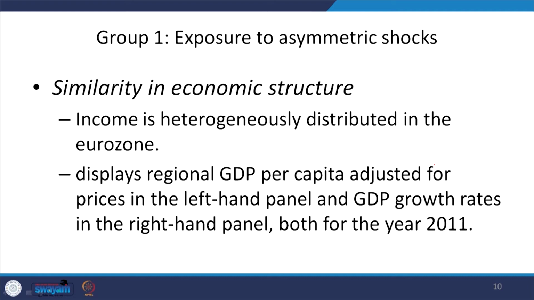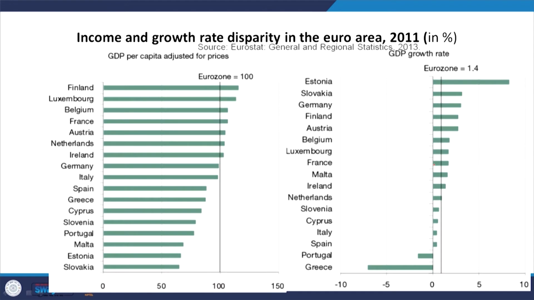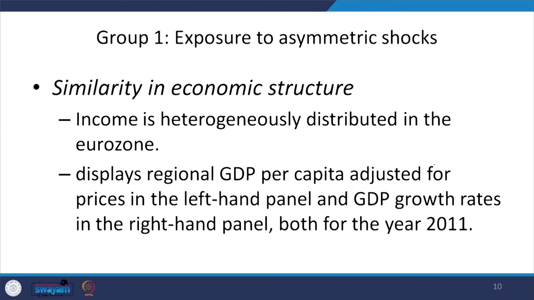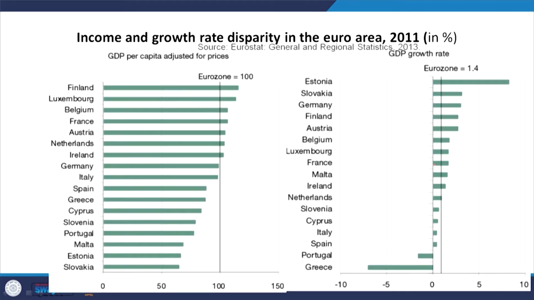year 2011, as per this figure. So, in the left hand panel we are discussing GDP per capita adjusted for prices, and on the right hand side it is GDP growth rates. Okay. So, GDP growth rate and GDP per capita, and this has been adjusted for prices.